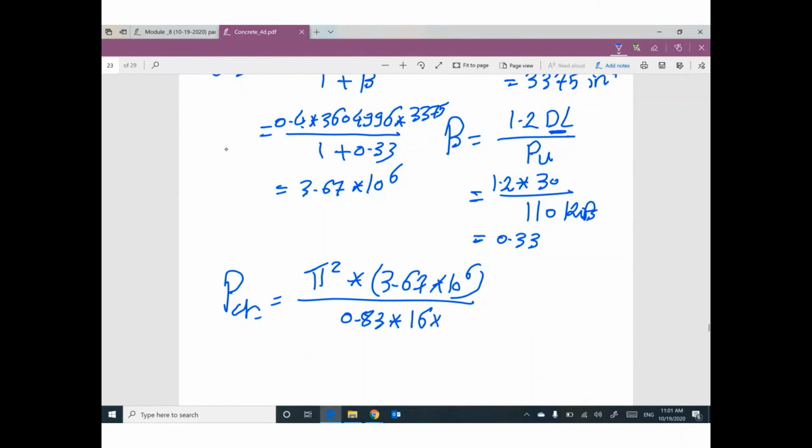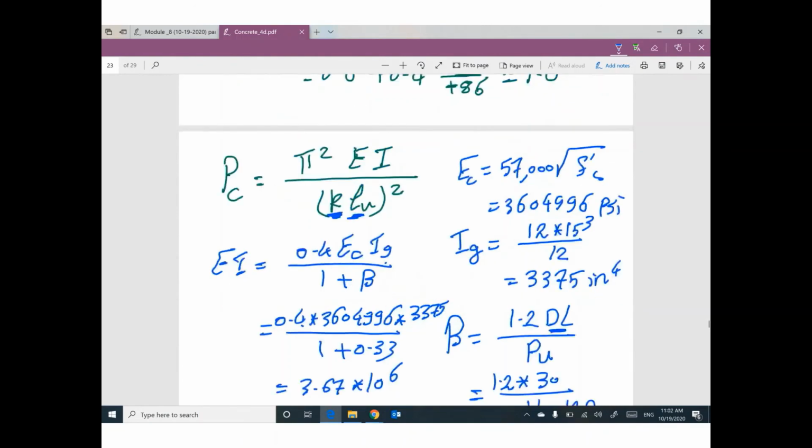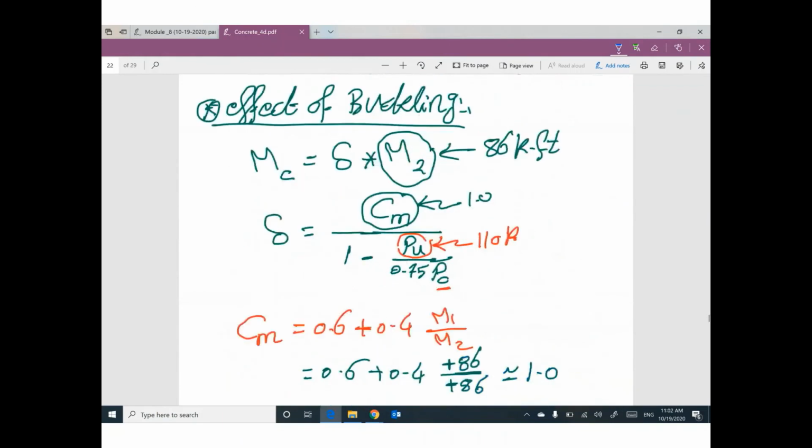This one in feet, 12 for inch, squared. The value of P critical will be 1,426 kip. So this value for P critical, 1,426. This one is okay. This one is good.